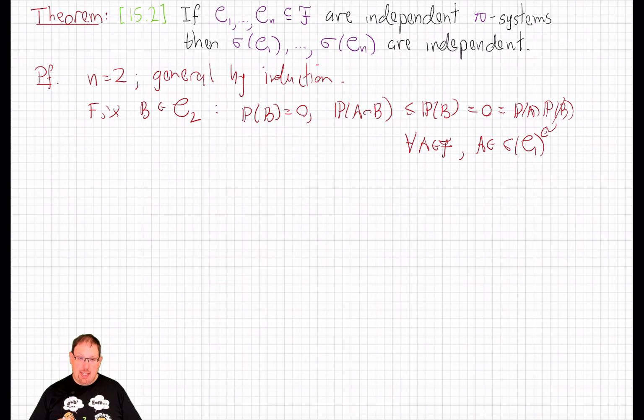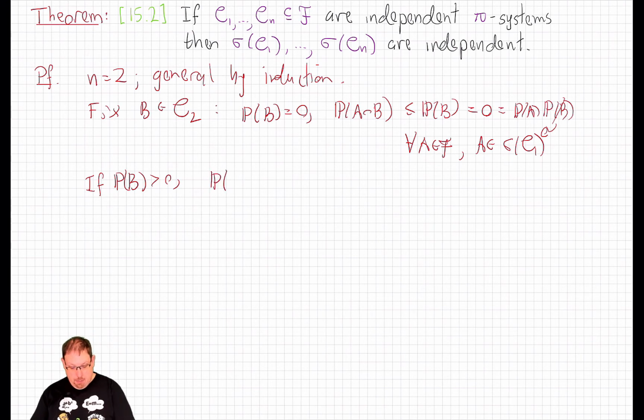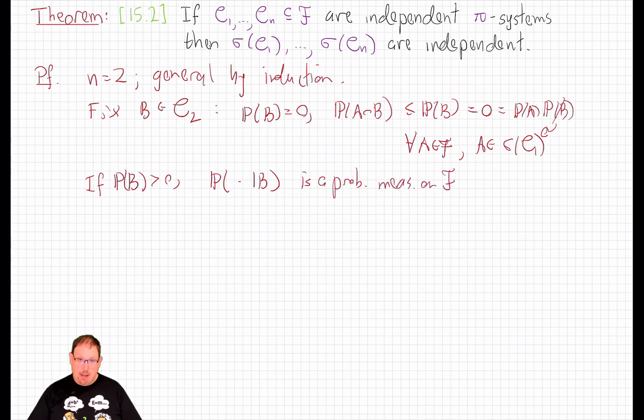We're going to show that same property holds for non-zero probability events B. If B does not have probability 0, then we can condition on it. The probability measure conditioned on B is another probability measure on F, and moreover, that probability measure is equal to the original probability measure on C1.